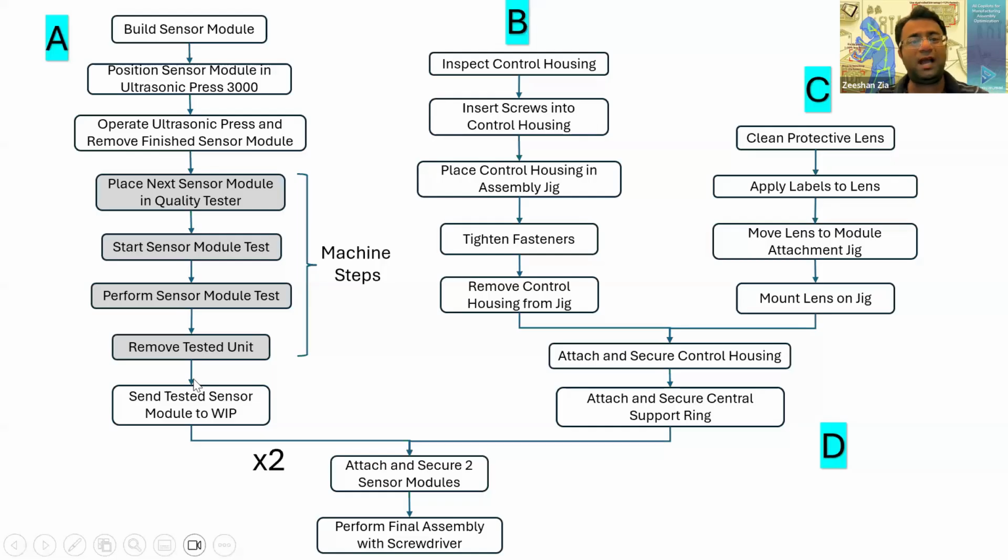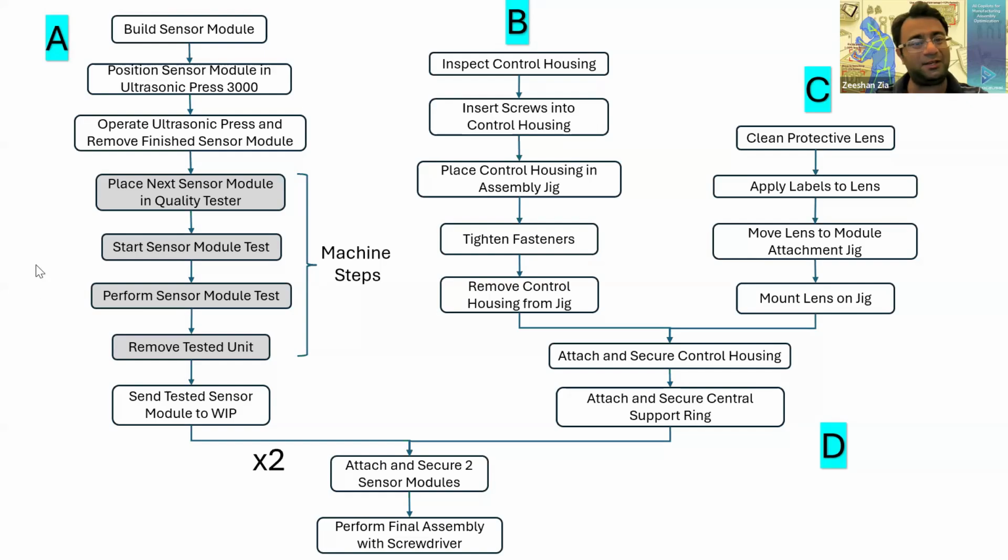So in reality, what is called worker flow is that the first thing the operator will do, in every cycle after the first cycle, is remove the tested unit. So really this step should be at the top of the machine manual steps, and the machine auto step actually belongs at the bottom, because that is how it's going to be from the perspective of the operator.